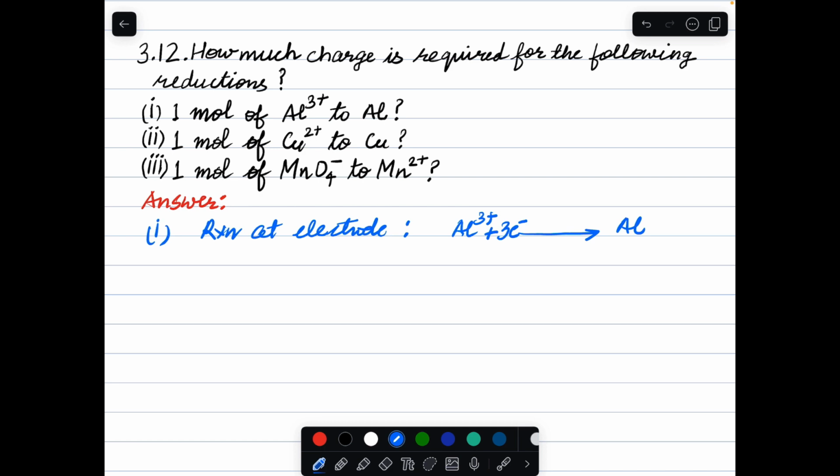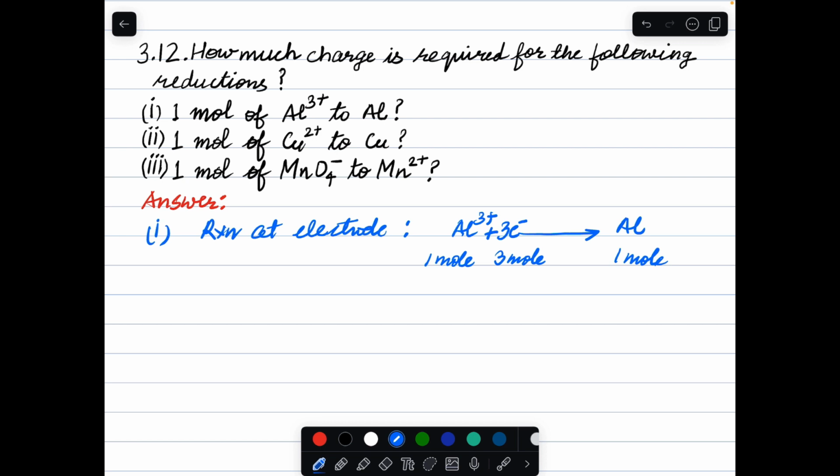Okay, so if you have 1 mole of aluminium ion, you need 3 moles of electron to get 1 mole of the metal. Okay, be very clear what we have and what we need. Only then you will not have any confusion.